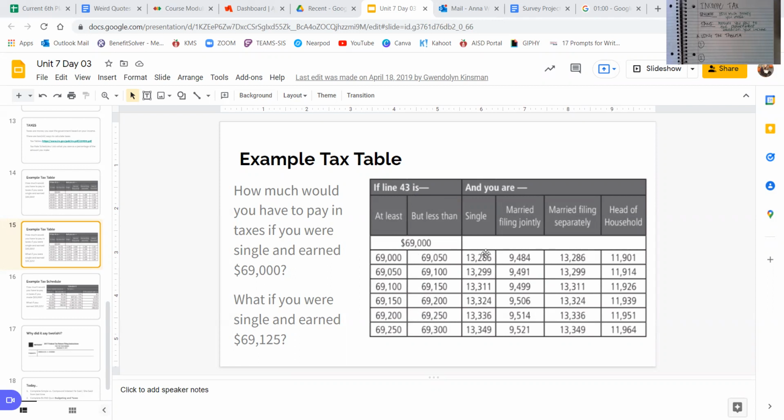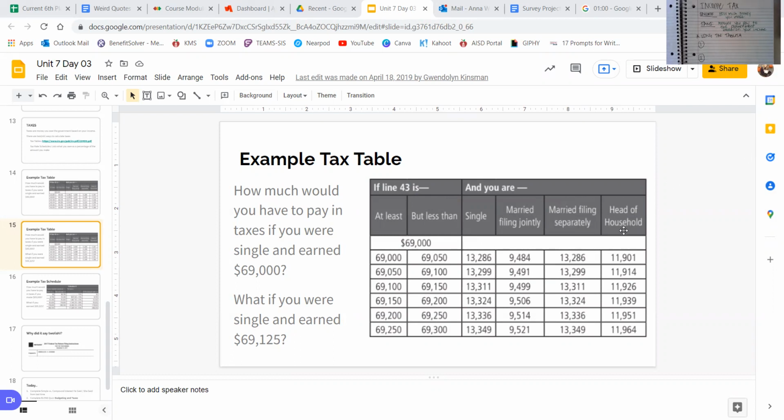And then depending on your life status, there are different kinds of taxes that you can pay. If you're a single person, meaning you're not dating anybody, and you're not married legally, so you're not married on paper according to the state, there are certain taxes you have to pay. If you are a married person, you can file your own taxes, or you can file taxes with your partner.